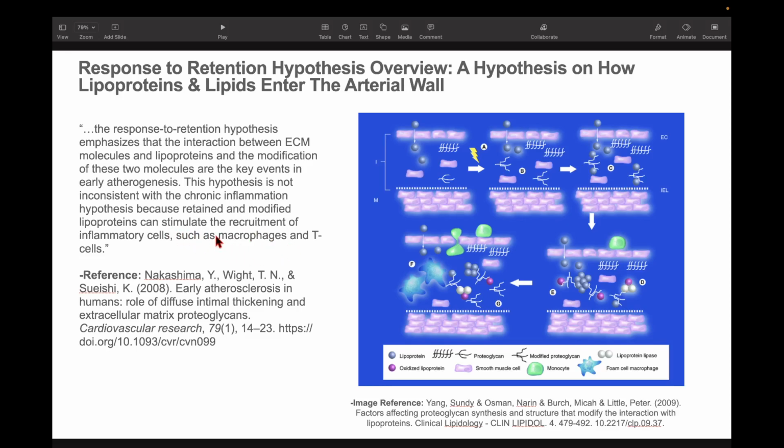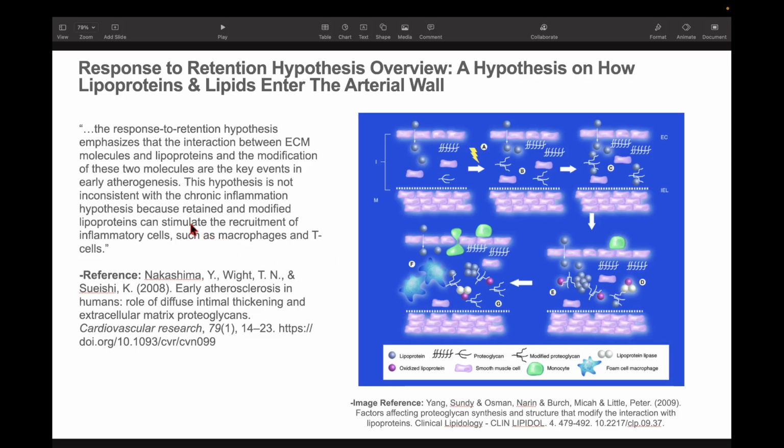Now, this is going to be really important, particularly this part where we talk about the retained lipoproteins stimulating inflammatory cells, because the lipoproteins, the LDL, if it's oxidized, can actually trigger the toll-like receptors, which are receptors on immune cells that even endotoxin triggers, that lead to basically an upregulation of immune response.